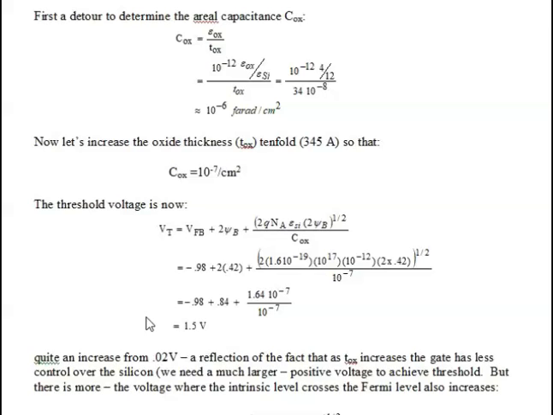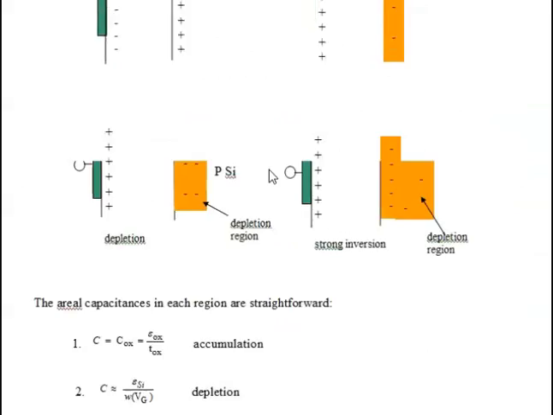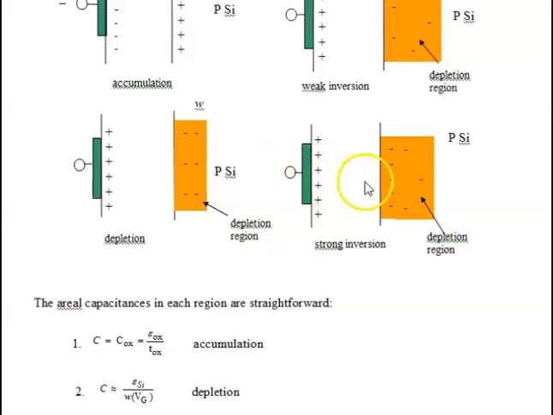And that makes complete sense, because the larger the oxide thickness, the further away the gate is from the silicon, and the less control the gate has on what happens to the silicon, and the more voltage we have to place on the gate, either in weak inversion or in strong inversion, in order to invert the silicon surface.